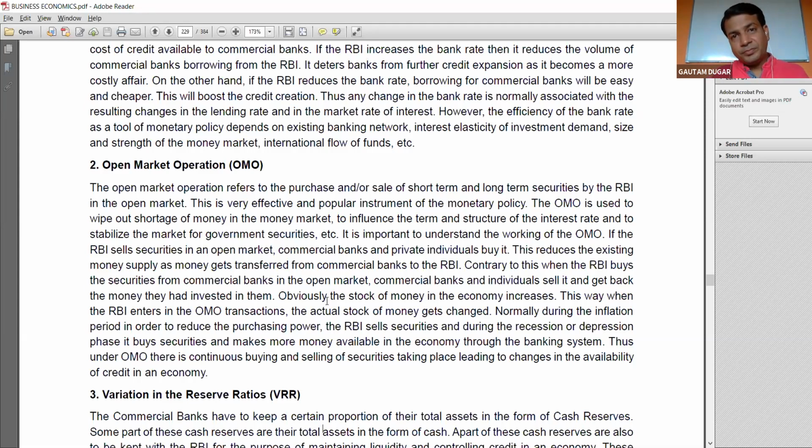That means the money from your commercial bank will go to the Reserve Bank. So when the RBI has issued bonds, the reserves which the commercial bank has will go down because now the money will go to the RBI. That is, the lending potential of the commercial banks will fall.